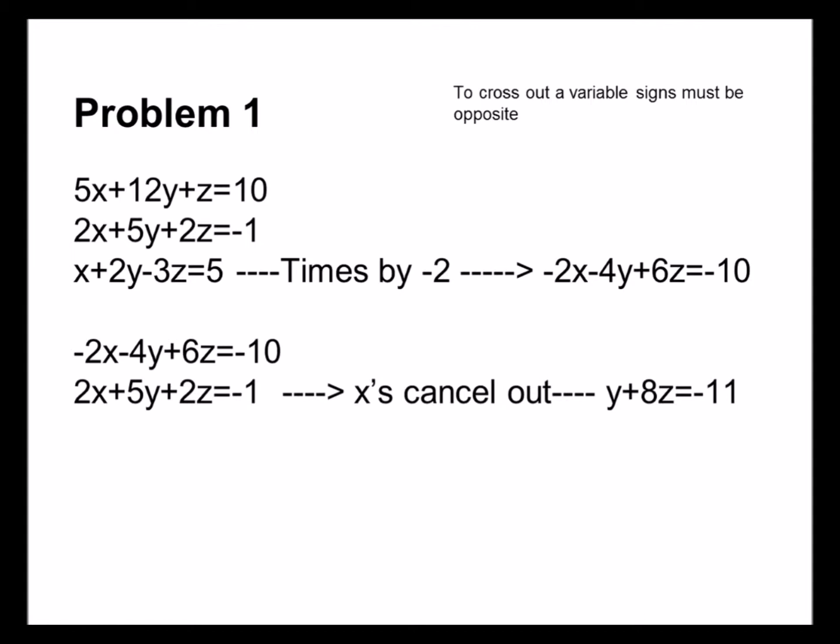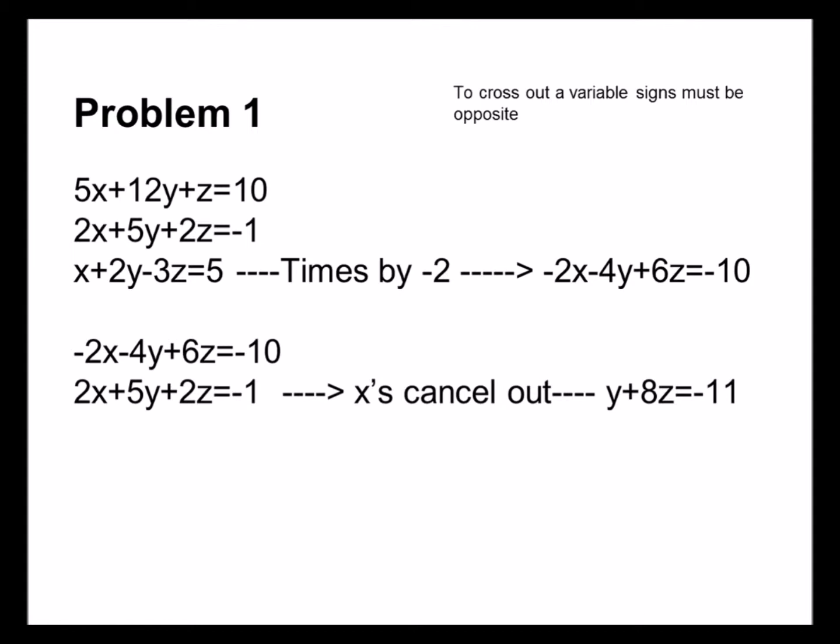To do that, you multiply one of the equations by any number. Let's say negative 2, so that you can take out the x's for the second and third lines. Then you multiply the whole third line by negative 2 to make it negative 2x minus 4y plus 6z equals negative 10.